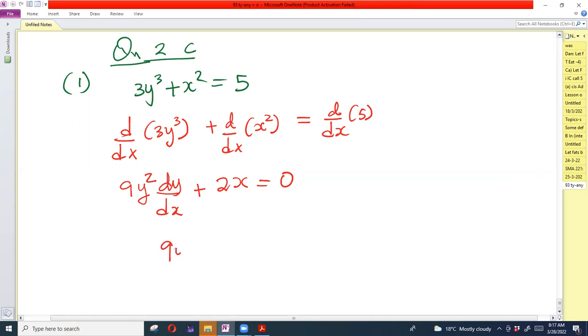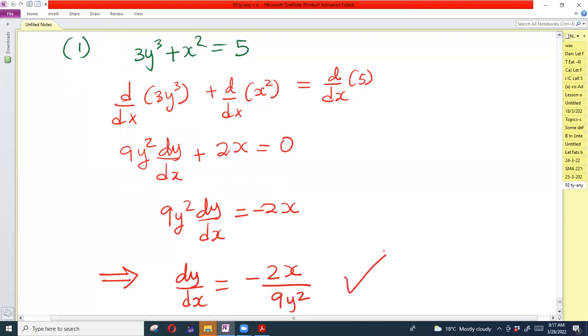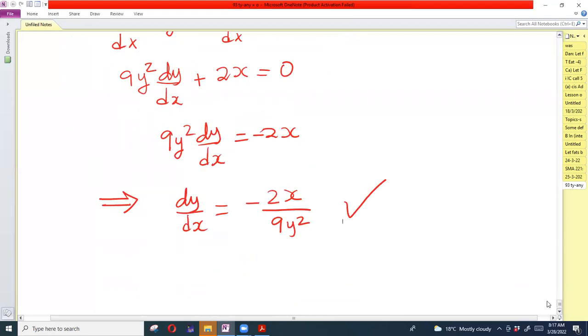So we have 9y squared dy/dx, and then we take the term without dy/dx to the right hand side, so it'll be negative 2x. So dy/dx alone will be given by negative 2x divided by 9y squared. So this is the answer to the first part.